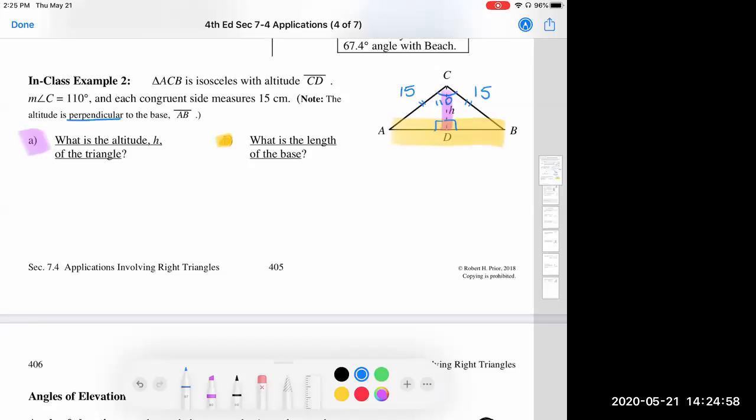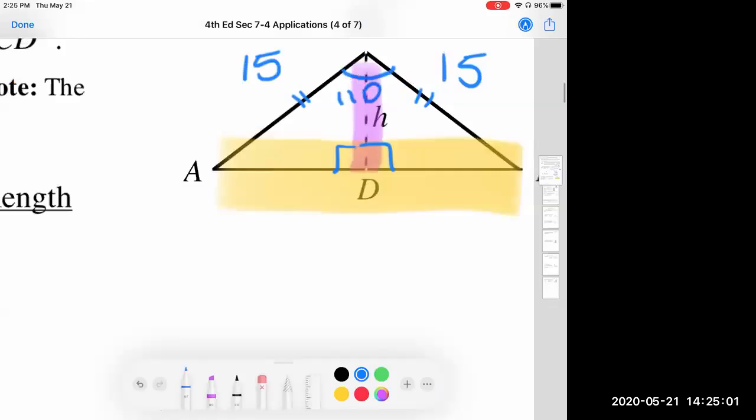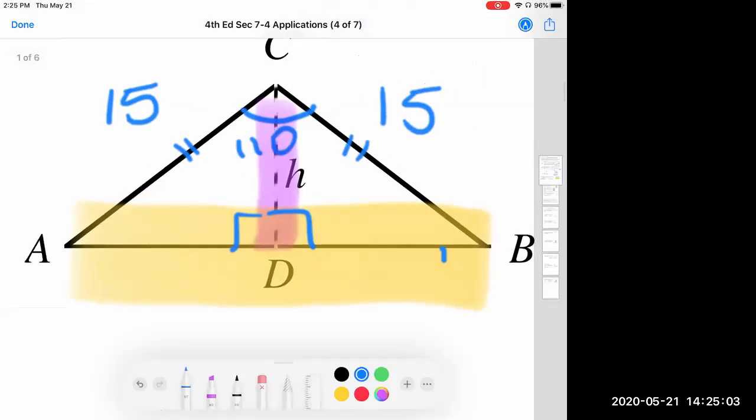If we're told that this whole angle is 110, and it's perpendicular, it splits it directly in half, right? So 110 divided by 2, we get 55 and 55 for each little angle.